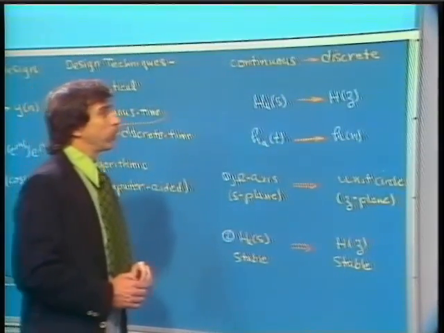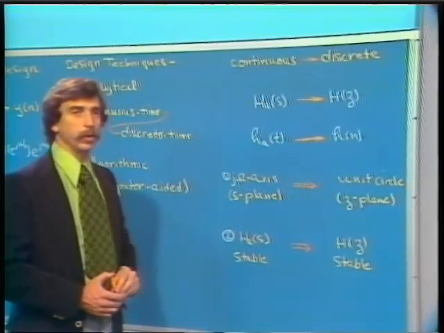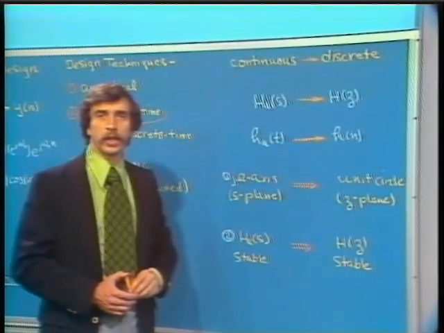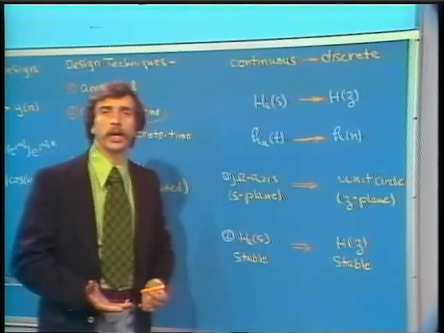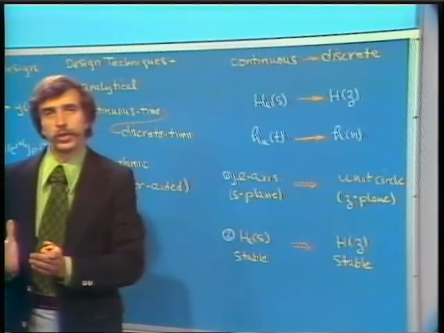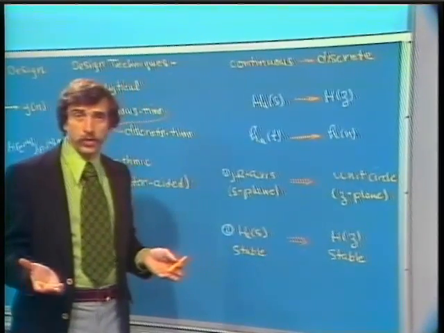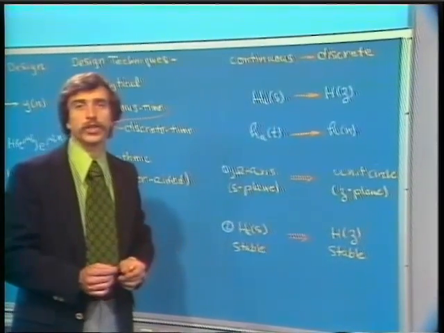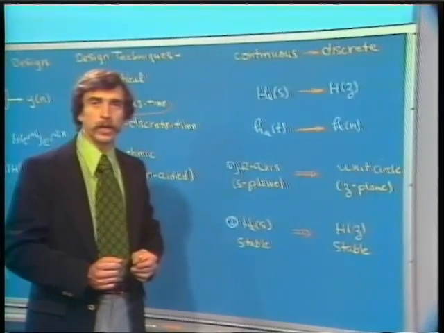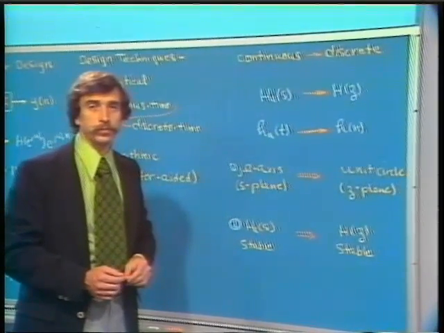Well, there are a number of procedures that are available. One of the first that tends to come to mind when you think of mapping a continuous time filter to a discrete time filter is to approximate, in some sense, the differential equation for the analog filter by simply replacing the derivatives by differences.